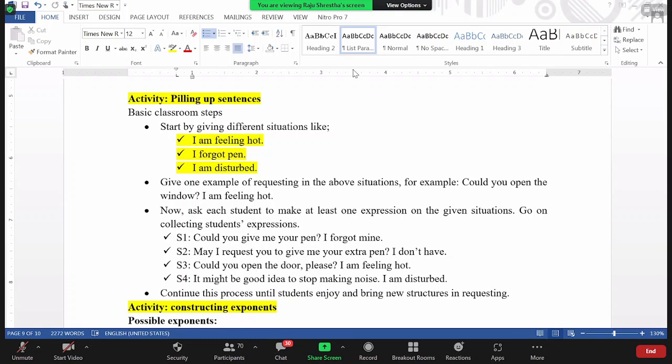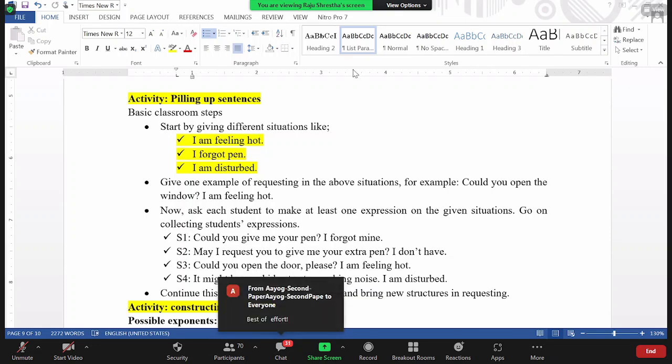Yes, best of luck, good luck, have a nice time, may luck favor you. These expressions we can use. All the best. Yes, I wish. This kind of pattern.